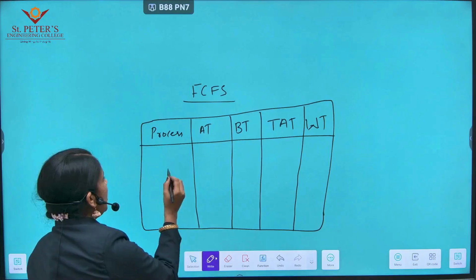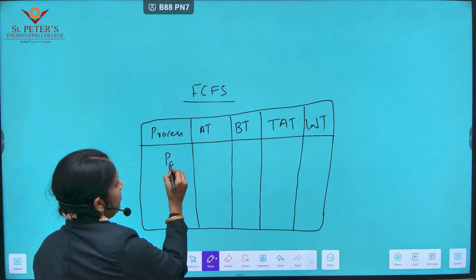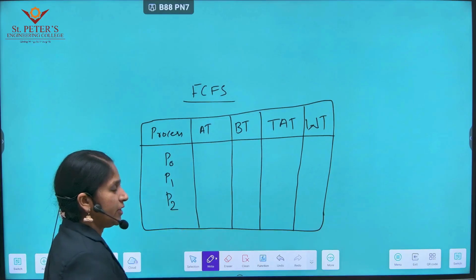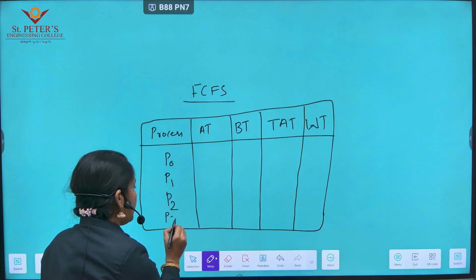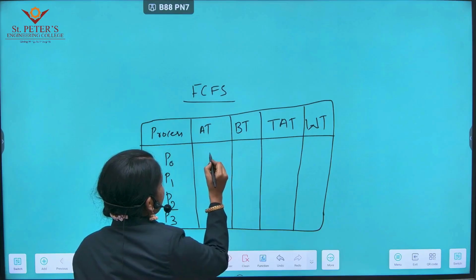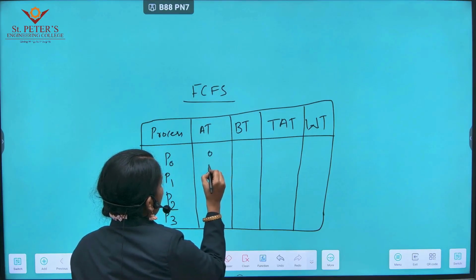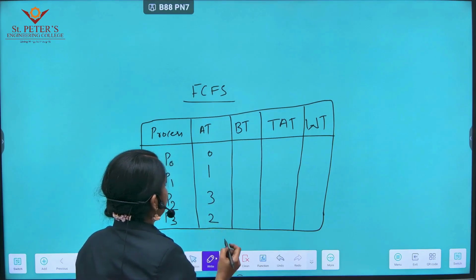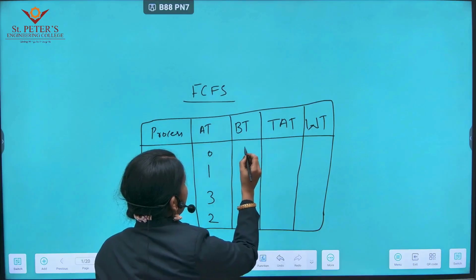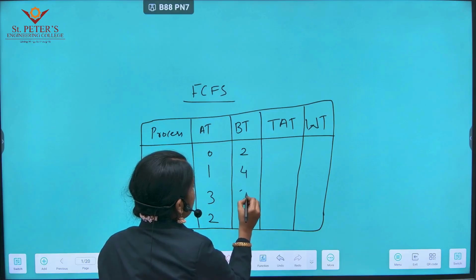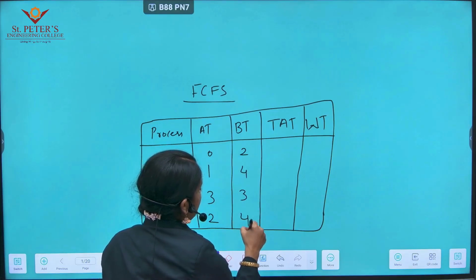Here we take the processes P0, P1, P2 and P3. 4 processes I am taking, and arrival times are 0, 1, 3, 2. Next, burst times are 2, 4, 3 and 4.